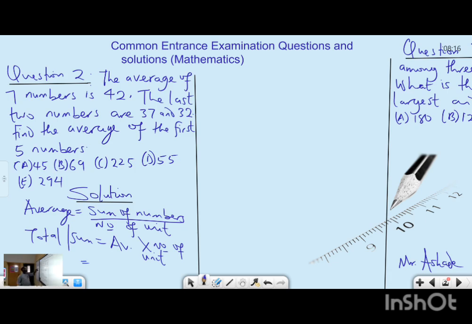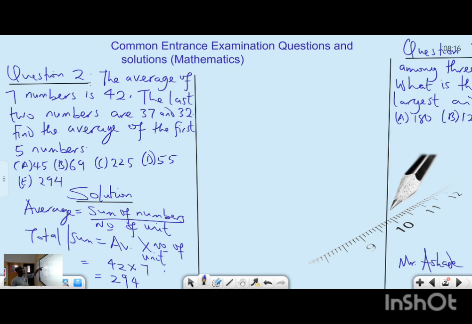So the average of 7 numbers is 42, but the numbers are 7. So we get the total by multiplying 42 by 7. 7 times 2 is 14, keep 1, 7 times 4, 28 plus 1, 29. So the total is 294. That means the total of the numbers in the question is 294.